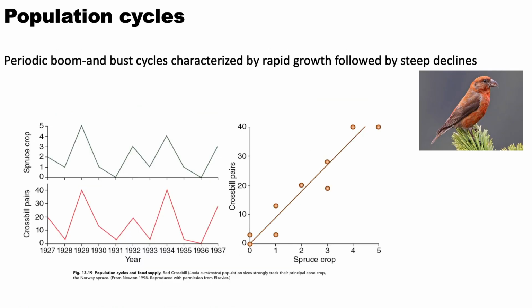Often what we see is these cyclical growth patterns. Basically, these are periodic phases of high growth rates or booms, and then following that they collapse, and then after some time they experience this cycle over and over again.